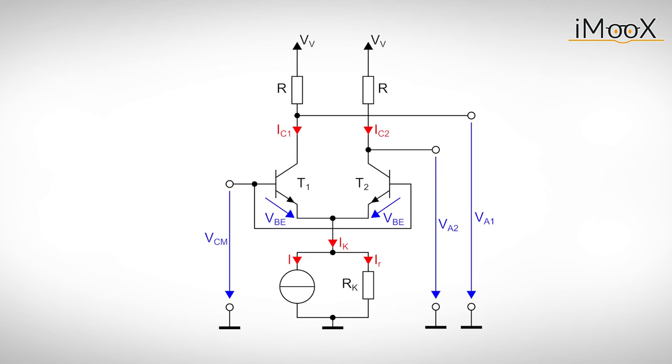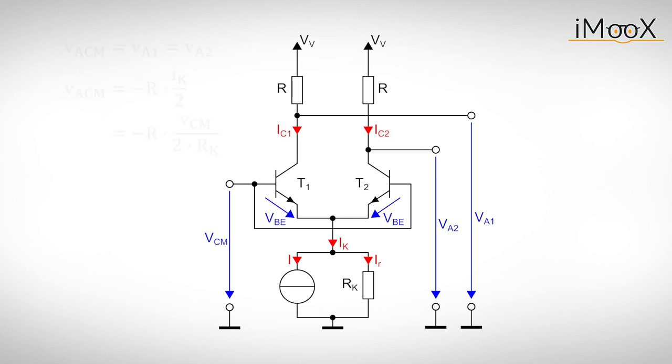The influence of the common mode voltage VCM is determined in a similar fashion. We assume that the potential at the emitters changes accordingly to the common mode input voltage. This change in voltage causes a change in current through the internal resistance of the current source. Due to the same base emitter voltages, 1/2 of this current flows through each of these transistors.